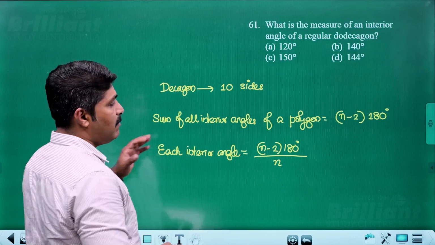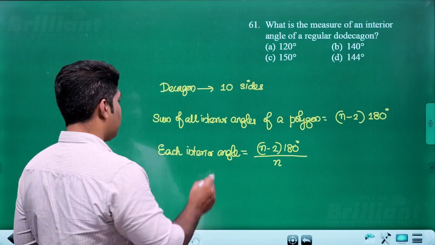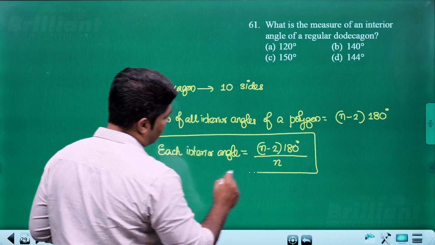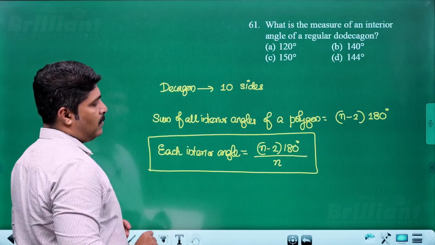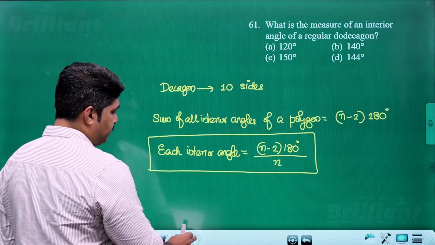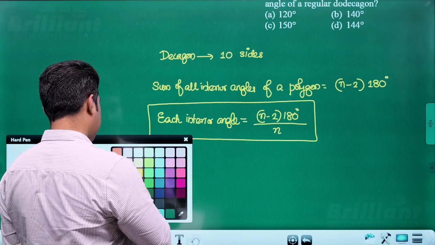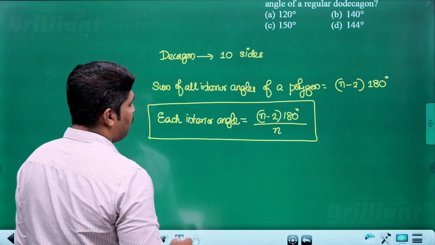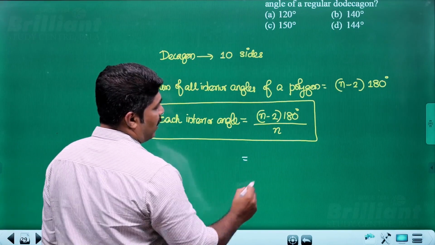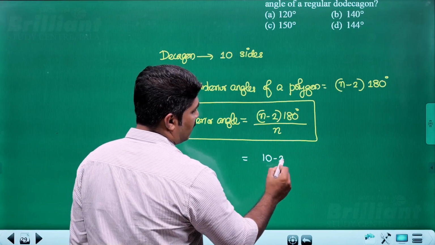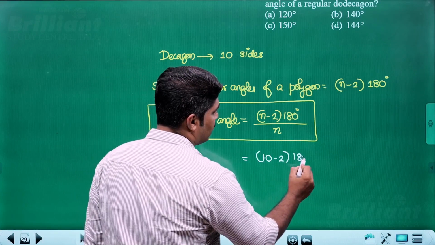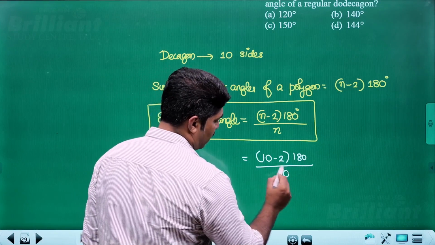So that's the simple logic or approach in this kind of question. Apply this result. Here we have 10 sides. Therefore, here n is equal to 10. This is 10 minus 2 into 180 degree by 10.